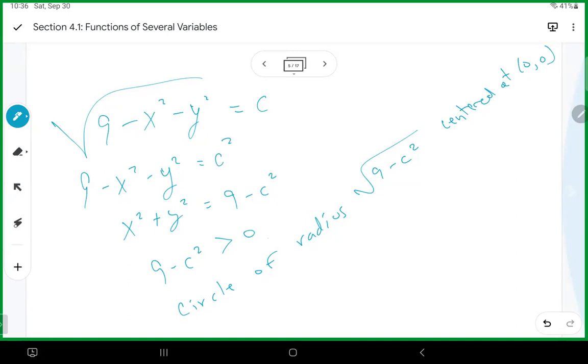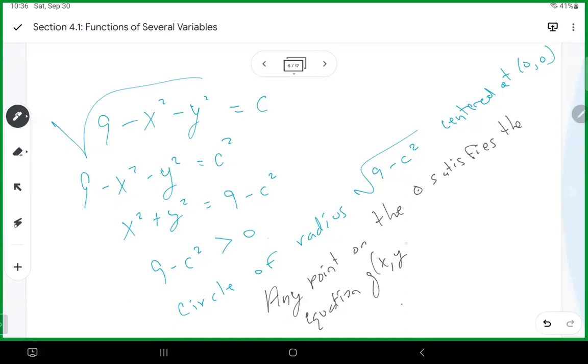Any point on the circle satisfies the equation g of x, y equal to c.